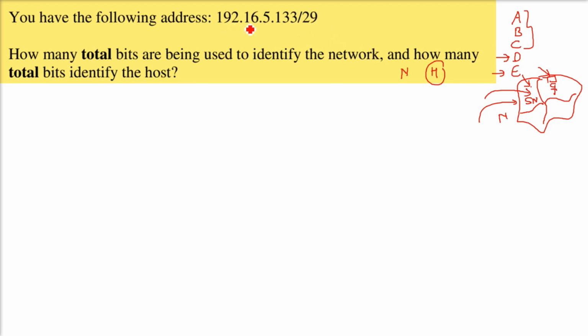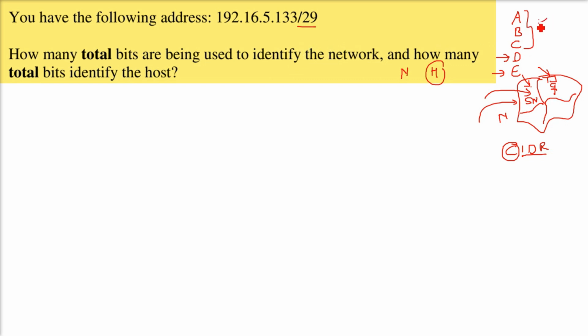Now in this example, this is a specially taken example because this is /29. We are talking about classless inter-domain routing. So see, classful I told you, and this is the classless. So we don't have any subnet mask here.